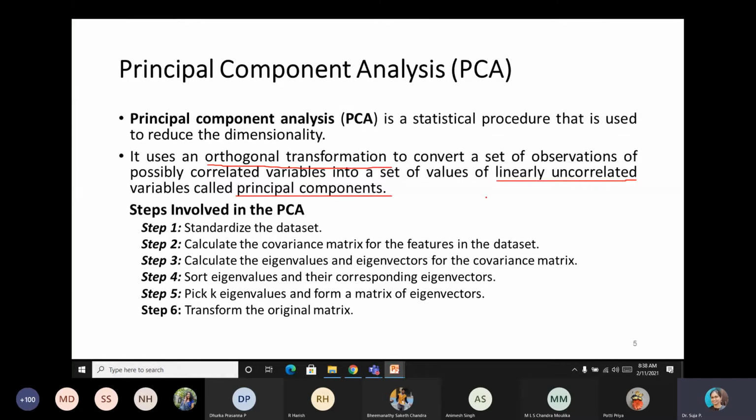So compared to hair color or length or whatever it is, we mainly go for the iris, and then eyebrows, etc. So those important features are called principal components. By principal component, it means the foremost important feature of a data set.